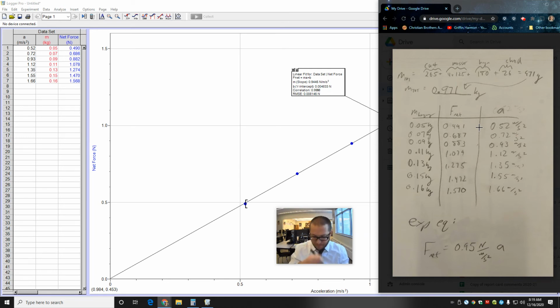I used 9.5 there. I think if you use 9.81, it rounds up to 9.5.